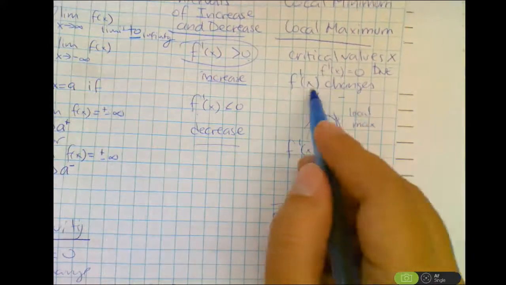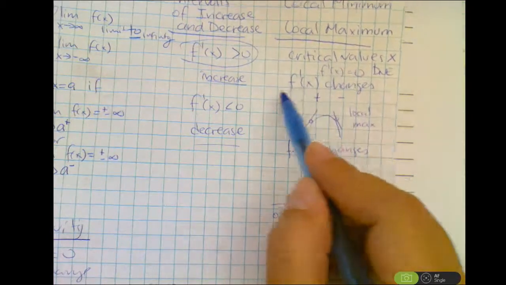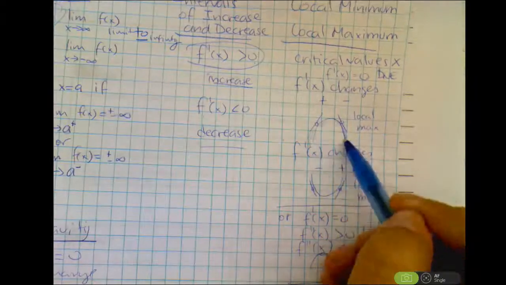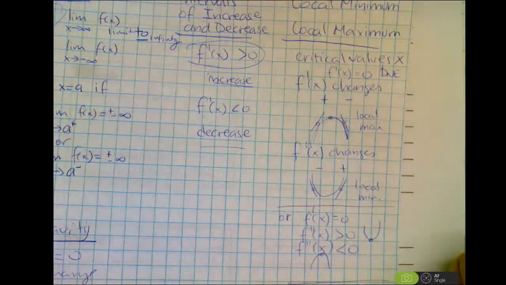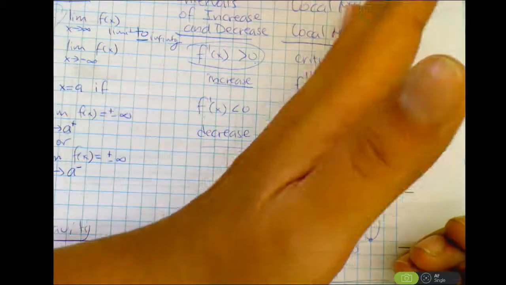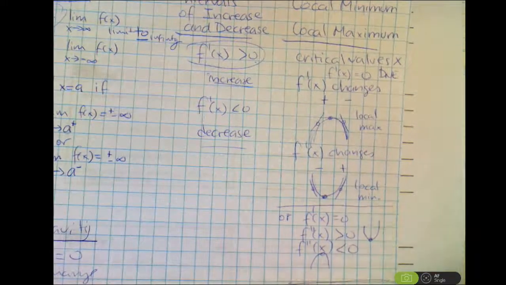And then I'm looking to the left and to the right of that critical value if actually the derivative changes. So if it's from positive to negative, it kind of makes a sad face. So you have a local maximum, and if it changes from negative to positive, it kind of makes a happy face, and you have a local minimum.